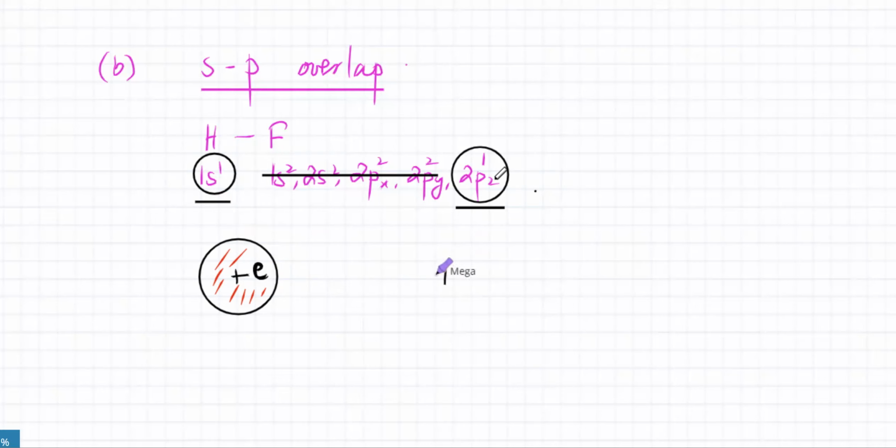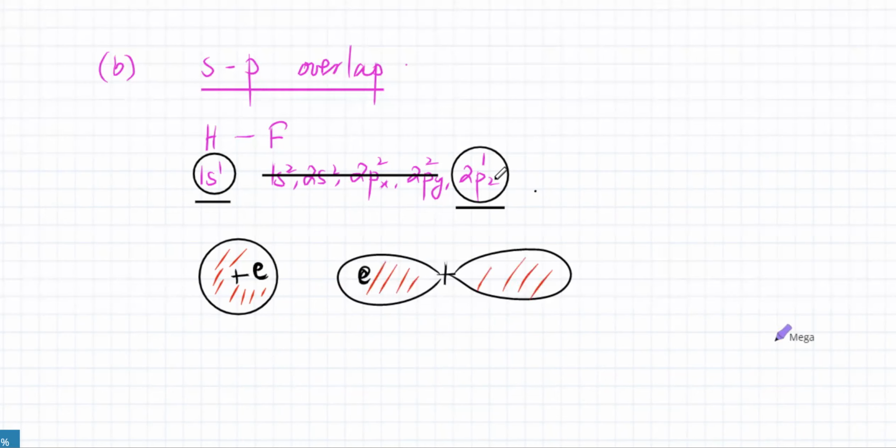In fluorine's case, you just have this p orbital, which needs electrons. So there's going to be one electron buzzing around in this dumbbell-shaped orbital. The negative charge would be spread around this axis. So that's your fluorine atom, and that's my hydrogen atom.